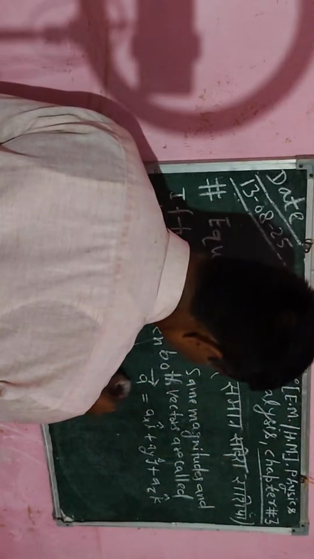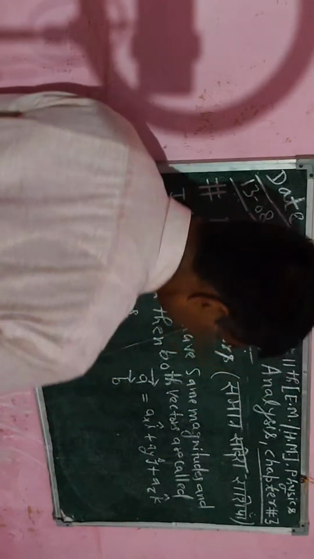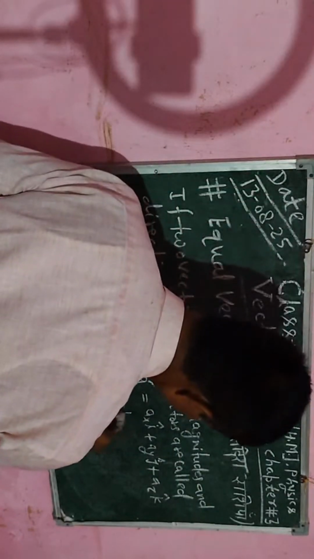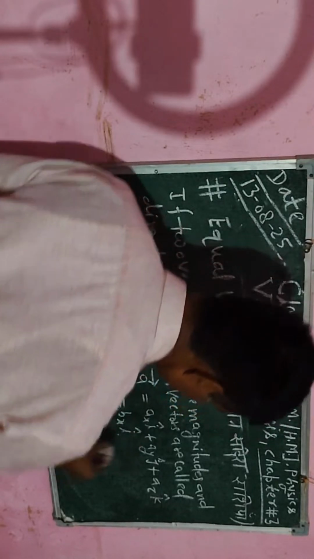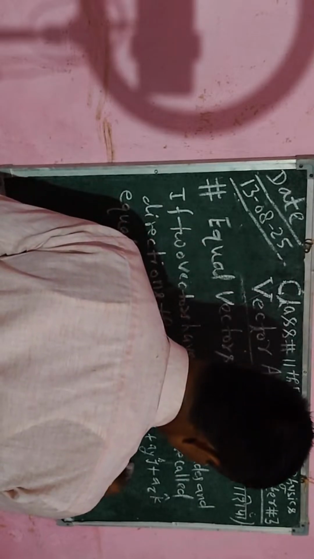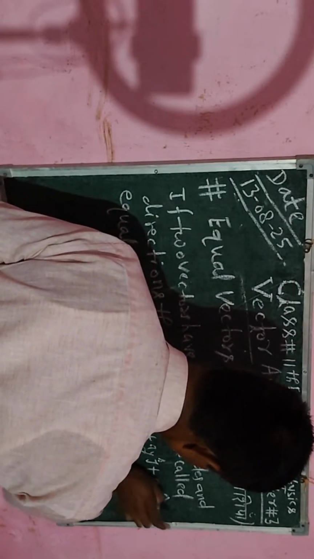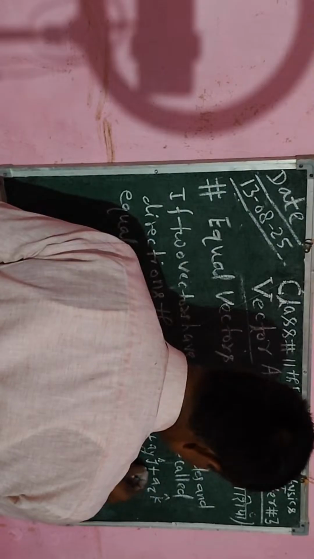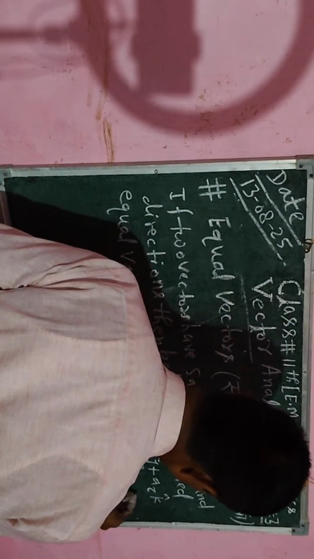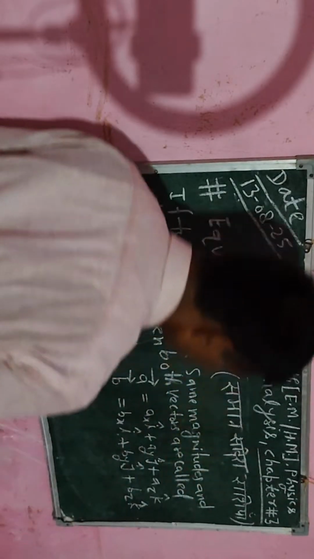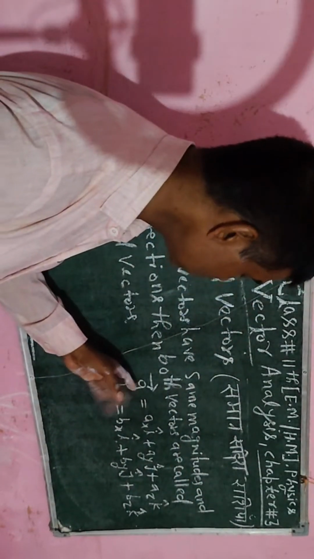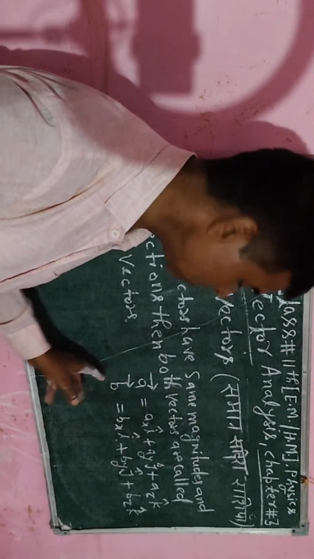Similarly, I will consider another vector, that is B. So here I will say B is bx i cap plus by j cap plus bz k cap. So here I am looking at vector A and vector B.